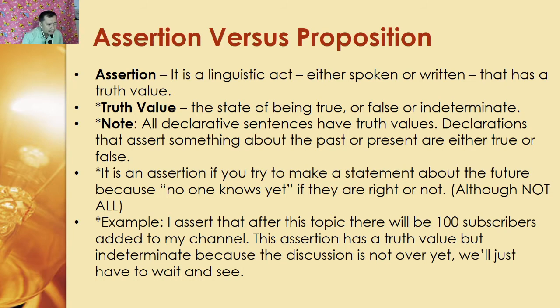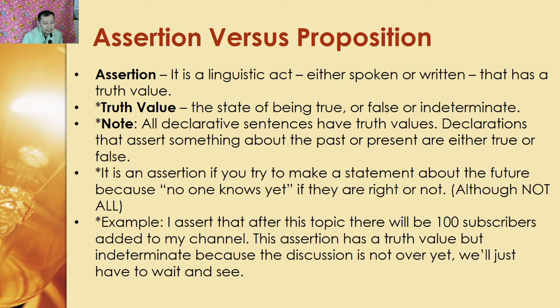Although not all, because I can assert that tomorrow the sun will still rise. And even if hindi pa nangyayari iyon, I have a certainty, in my belief, in my worldview, to actually believe that sun will rise tomorrow.